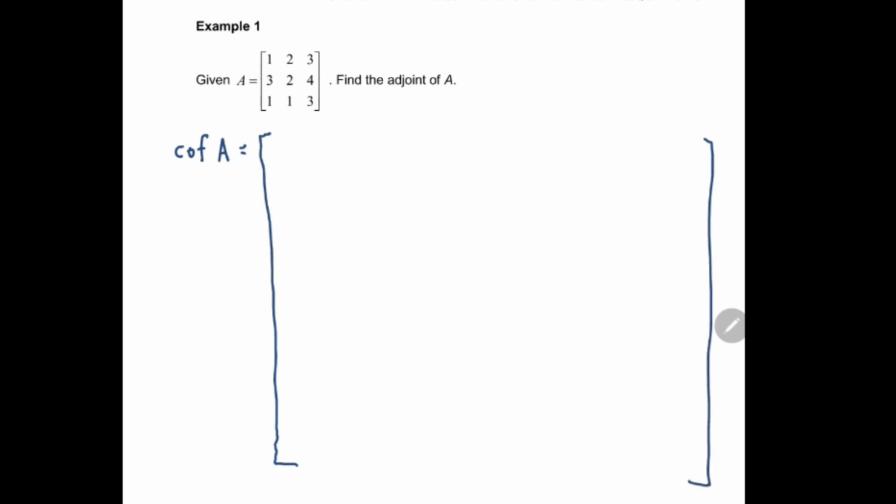You have learned before what a matrix cofactor is. You take each element, for example, for the first element 1, you close the first row and the first column, and then you get the determinant of what remains.